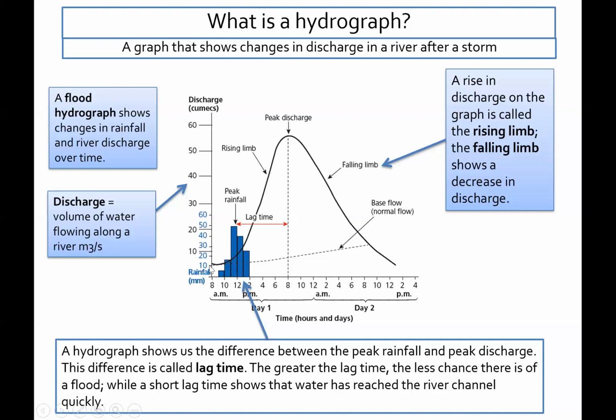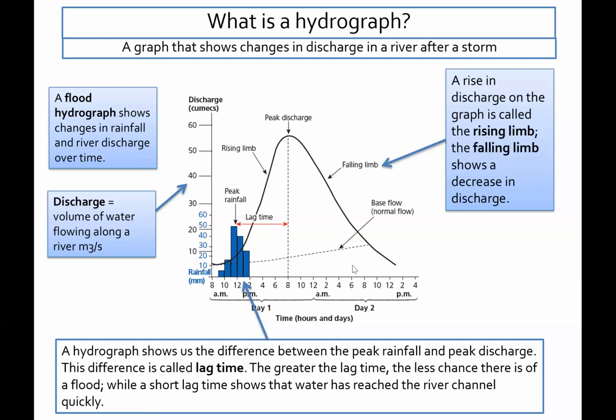The other graph on here is the line graph, and that shows you the discharge. So it's showing you the amount of water in the river. So as a river fills up, starts to flow faster, its discharge becomes larger. And we measure discharge in meters cubed per second because it's the amount of water, the meters cubed, and how fast it's moving, so per second.